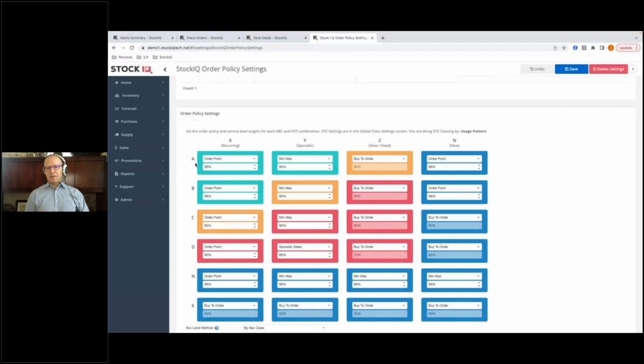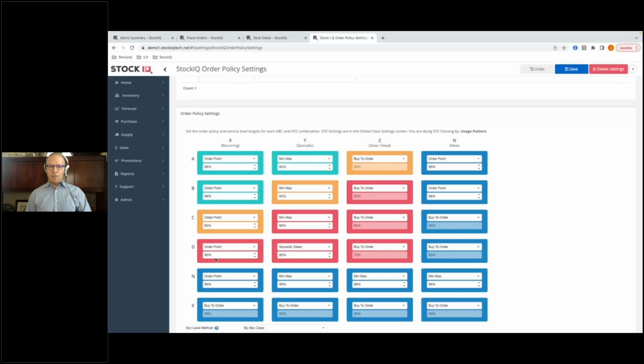And in those A-based items, I better make sure that I'm carrying a lot of inventory for those and that I'm not stocking out because it's what people come to us for. On the other hand, I might be in a sporadic nature or a slow inventory, and you can see down in here as it's a C or a D based item, maybe I'm just not willing to invest as much inventory on these items, so I can adjust the service level.